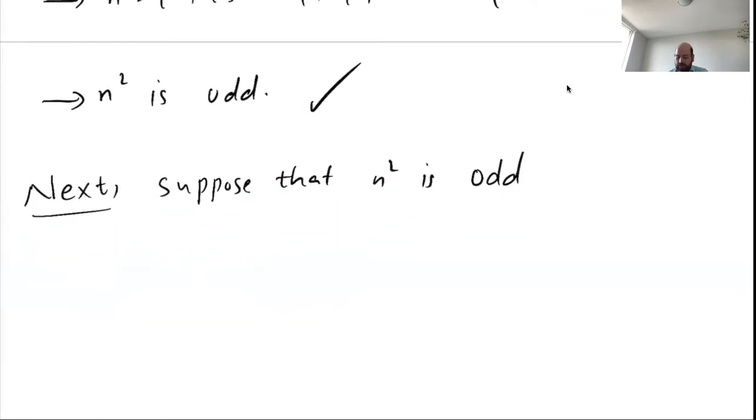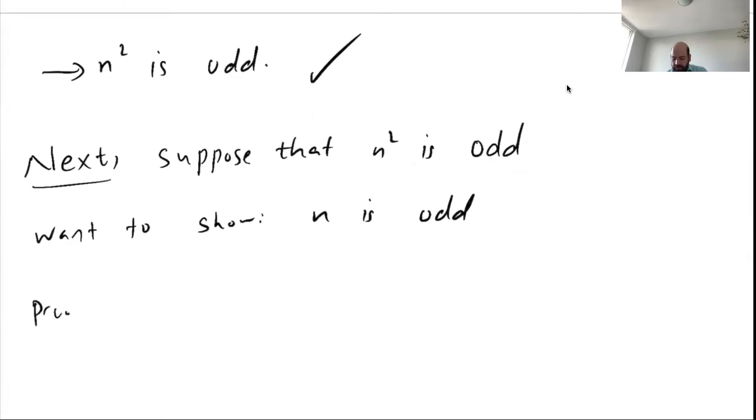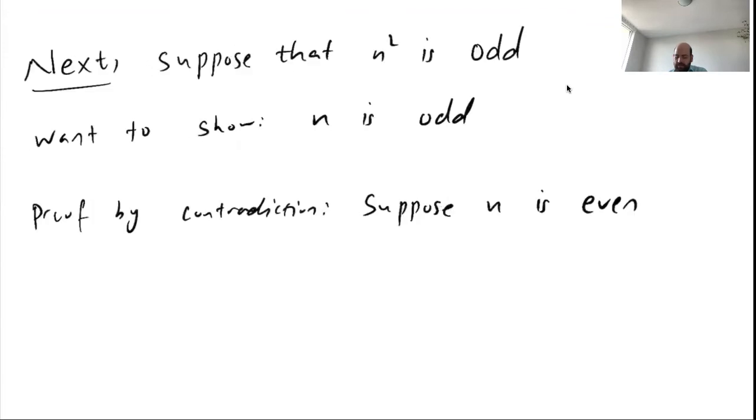In the other direction, we assume n squared is odd, and we want to show n is odd. And if you remember this one, we can do it with proof by contraposition or proof by contradiction, and the proofs were very similar. So, let's say proof by contradiction. Suppose n is even. If n is not odd, then it has to be even.